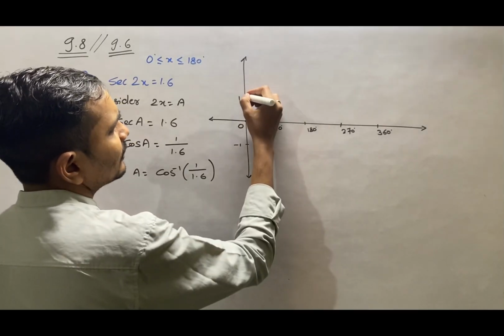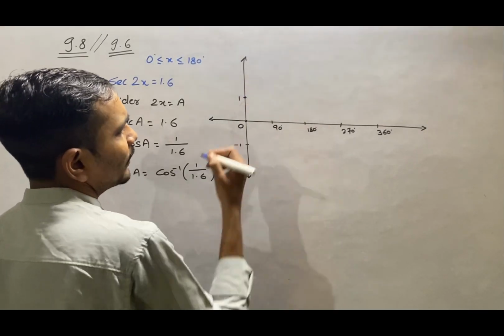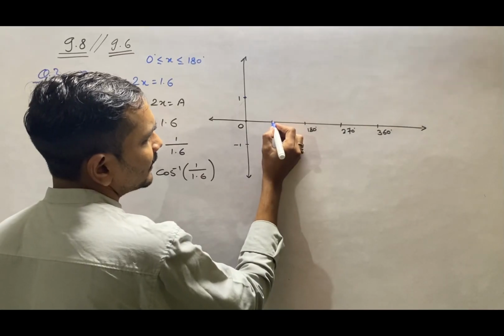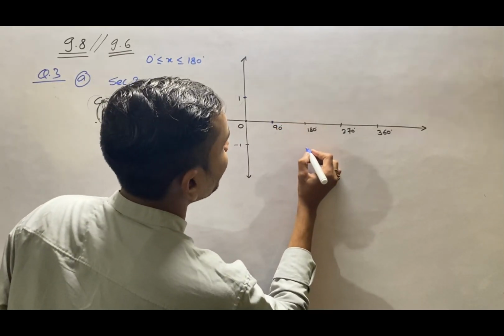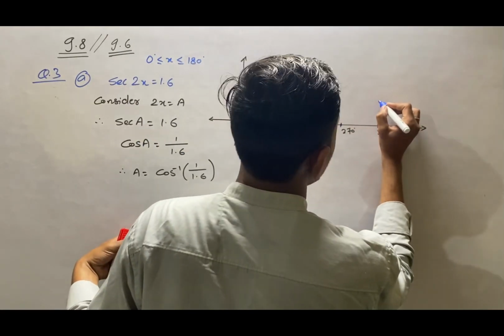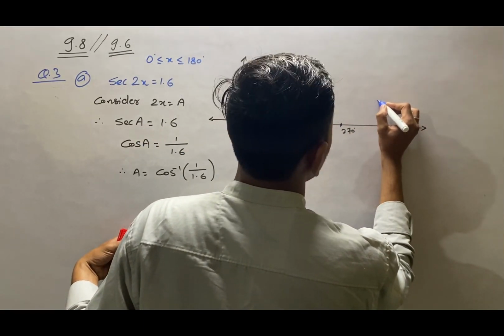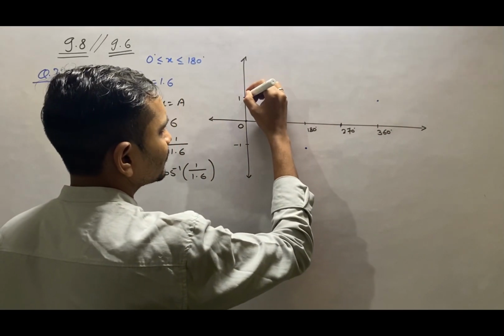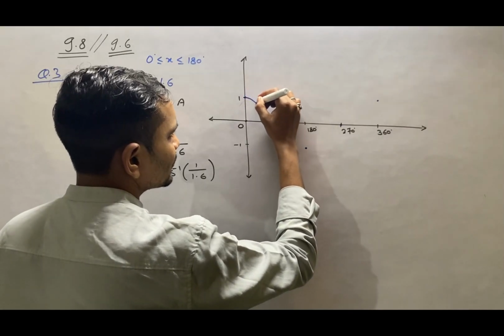So cos is 1 at 0 degrees, at 90 it is 0, at 180 negative 1, at 270 it is 0, at 360 positive 1. Again, join these coordinates.